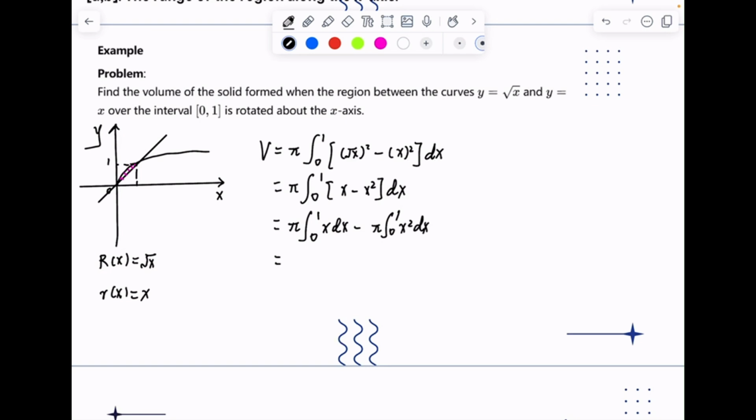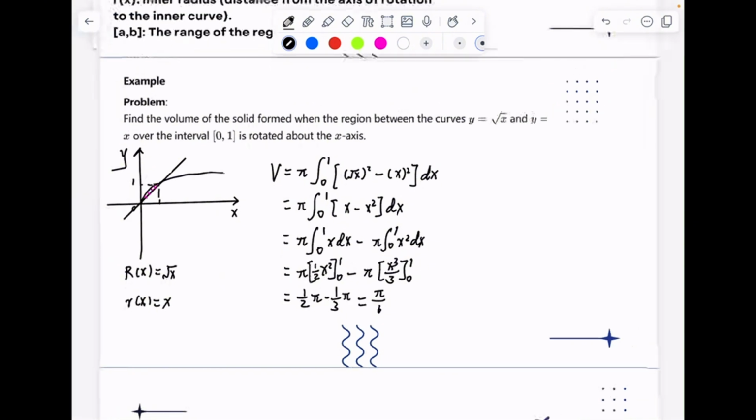I found its original function. It's... and plus pi over 6, and the final answer, the volume equals pi over 6.